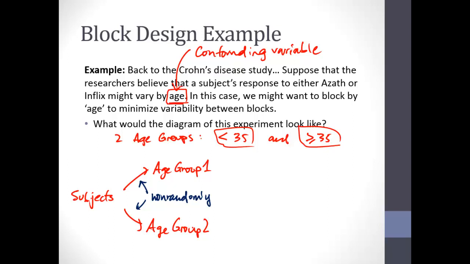So I split my people into groups based on something I know about them, and then I go with what we did before. Now I split each one of these groups into my 3 treatments. So treatment 1, treatment 2, treatment 3.